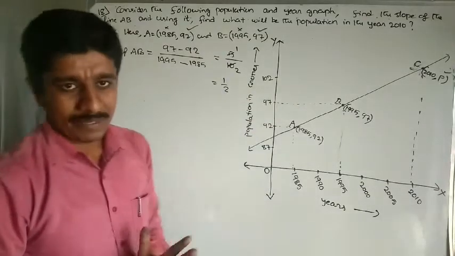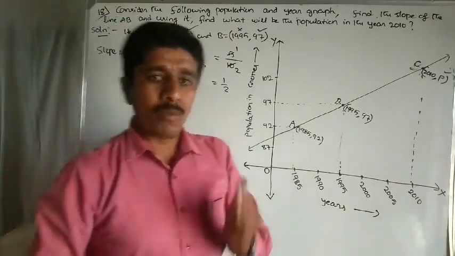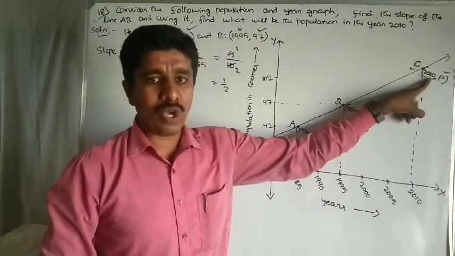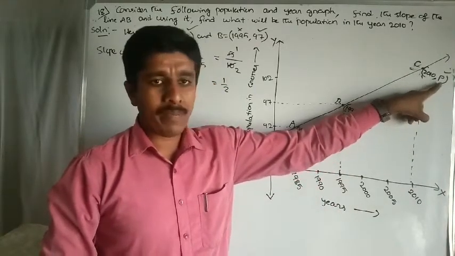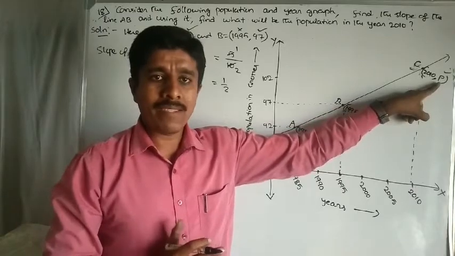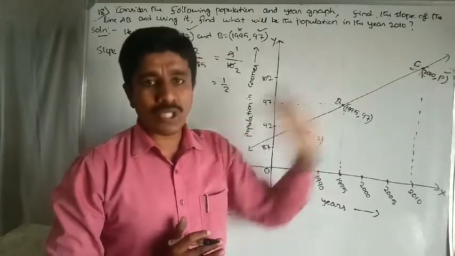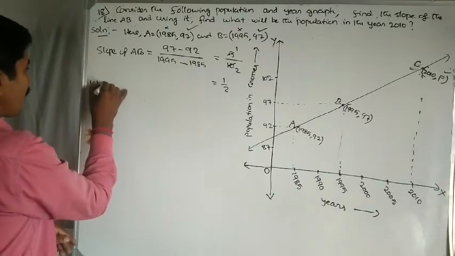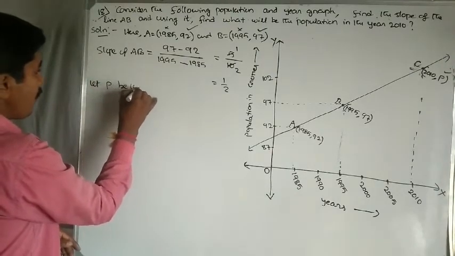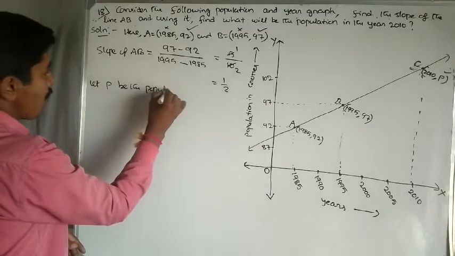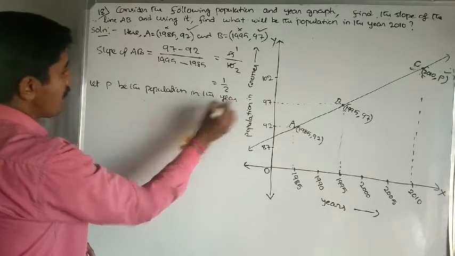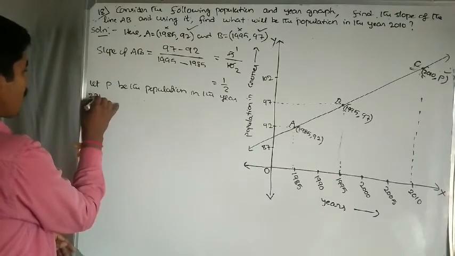Now I am going to find the population in the year 2010. Here the x coordinate is 2010. Let the y coordinate be P. We have to find P, the population in the year 2010. Let P be the population in the year 2010.